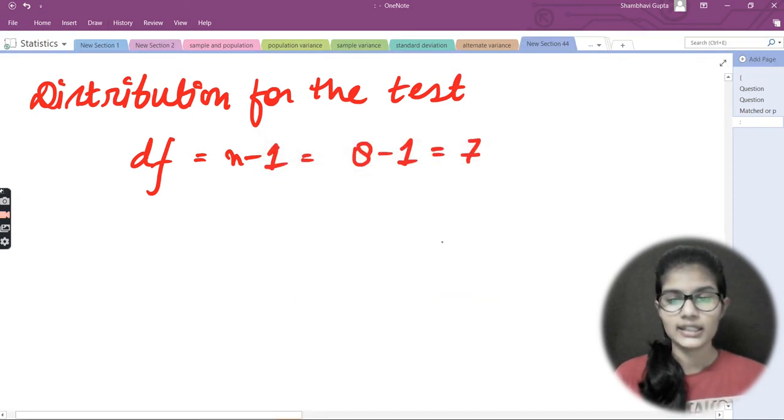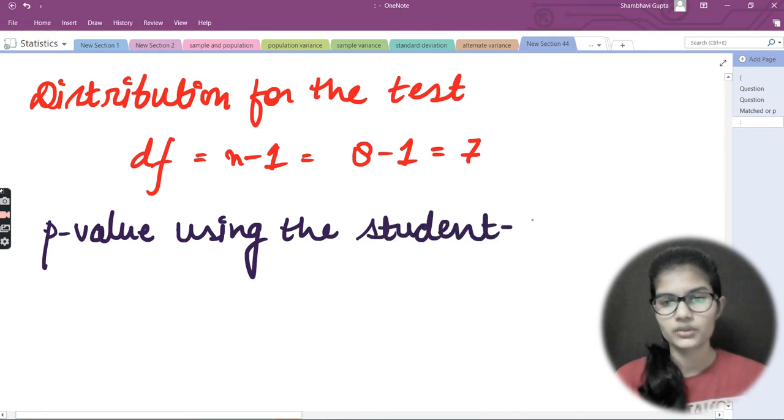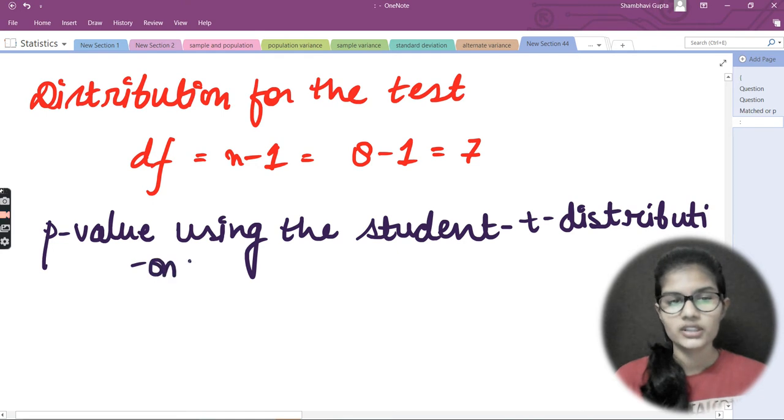Now let's proceed. I hope that you had even solved the things on your own. So if you have done that, you can clarify it, tell it from here. Okay, right, that is actually okay. Distribution is done. So after calculating, now it's the turn for calculating the p-value using the student t distribution.